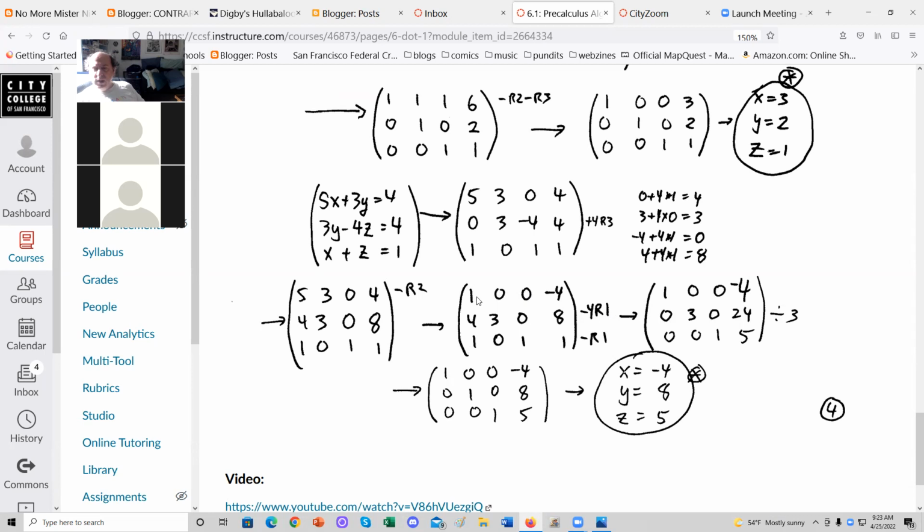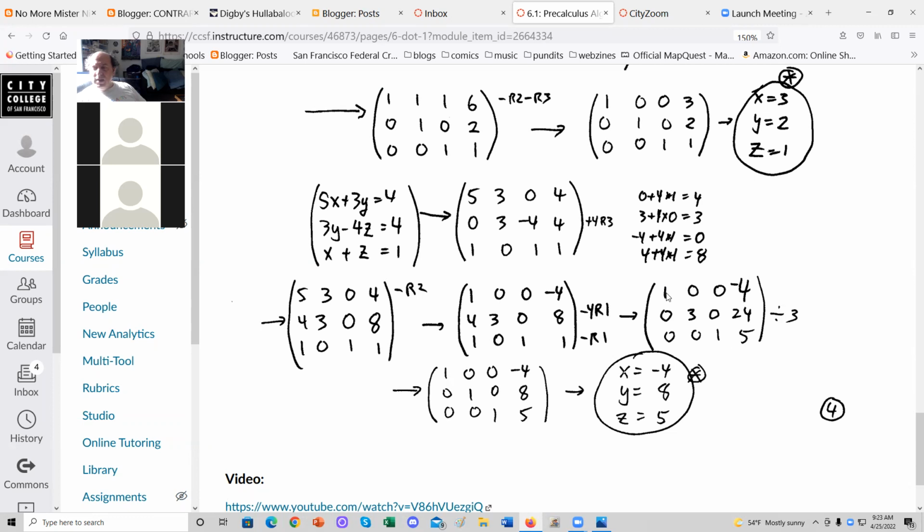Here, 1 minus 1 is 0. 0 goes there. 0 minus 0 is 0. 0 goes there. 1 minus 0 is 1 goes there. 1 minus negative 4 is a 5, goes there.